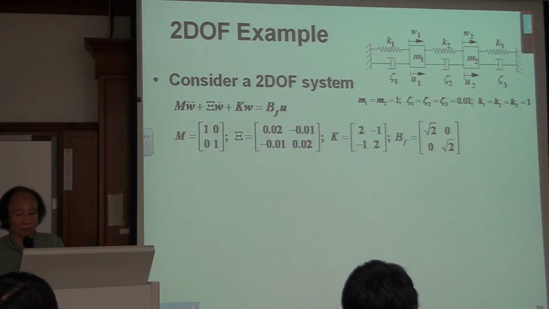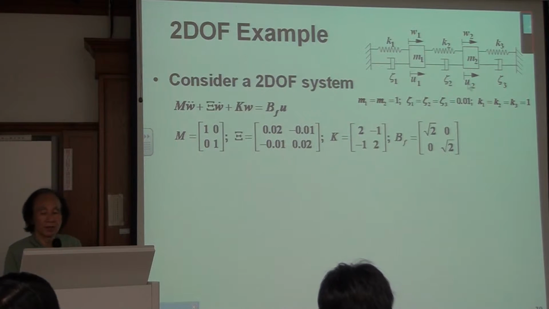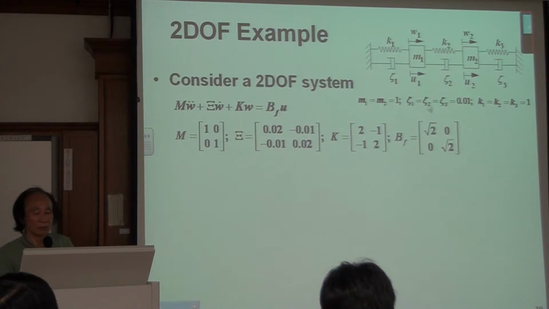So you can write in terms of relative displacement, or in terms of absolute displacement, and this case is absolute displacement. We have two inputs, u1 and u2, three dashpots, z1, 2, and 3, and two masses.